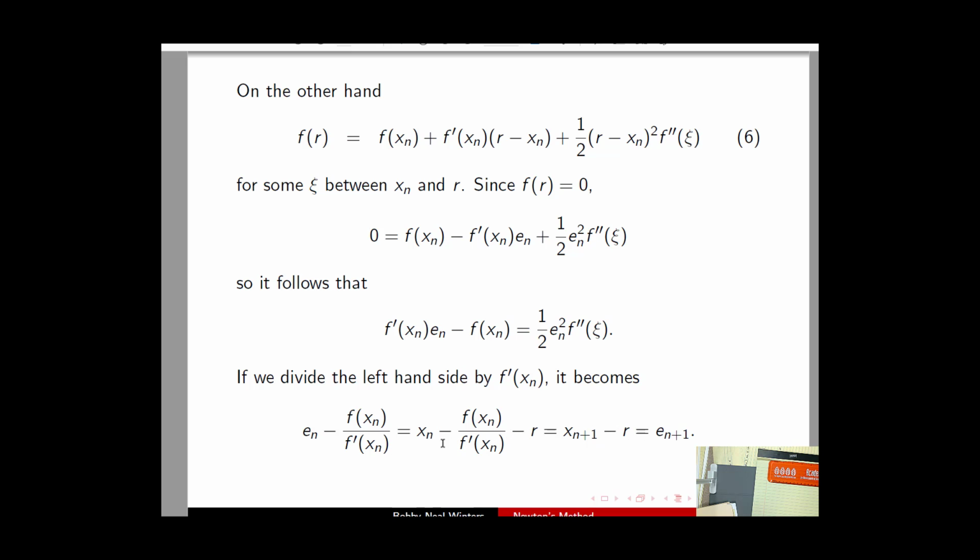Substitute in en as xn minus r, and thus rearranging it, we have it all is equal to en plus 1.